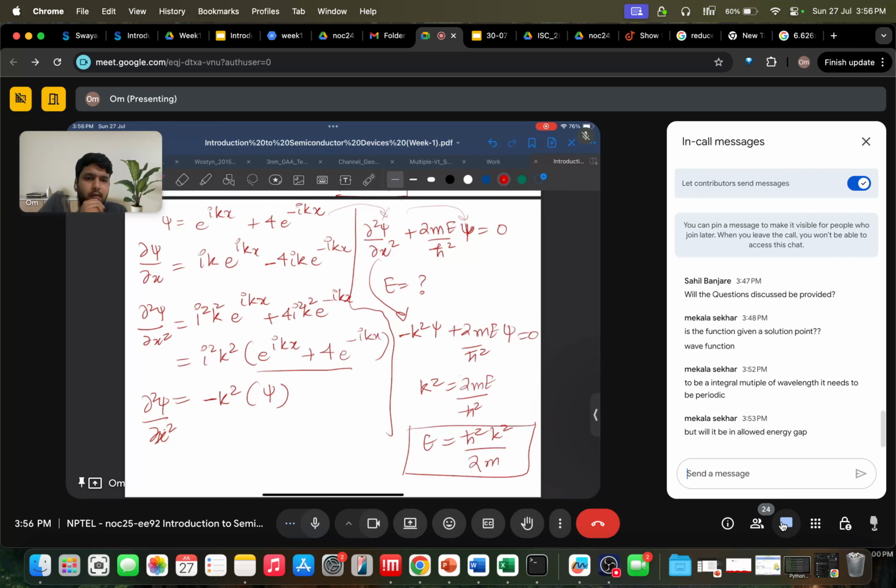Okay, let's say to be an integral multiple of wavelength it needs to be periodic, but will it be in the allowed energy gap?